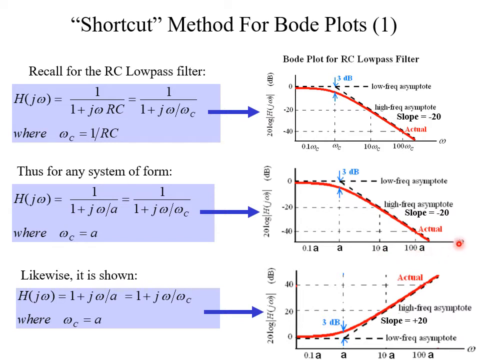Now, there's another form of this. Instead of 1 over 1 plus j omega over a, if we have a frequency response that looks like 1 plus j omega over a, without the fraction, then once again, by doing the full analysis, which I'm not showing here, a is again equal to the corner frequency.